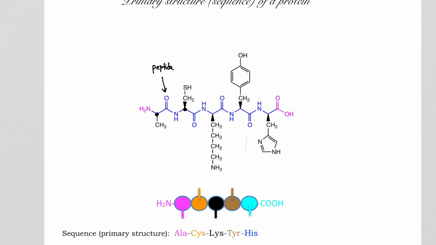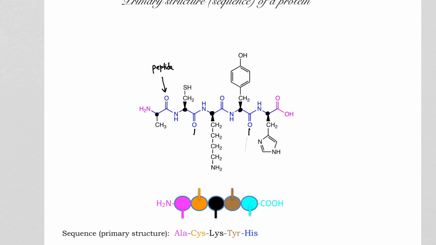And then again, there's another alpha carbon joined to the previous alpha carbon by another peptide, and another alpha carbon joined by a peptide to the previous carbon, and finally the last or the fifth alpha carbon joined to the previous alpha carbon by a peptide.